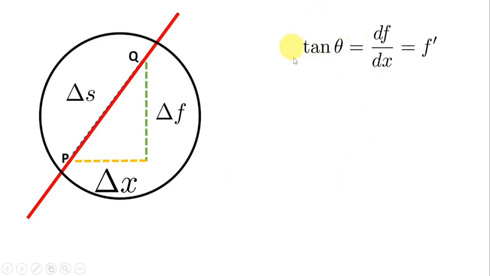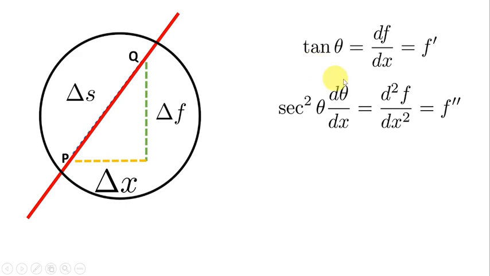So we end up with the equation tan theta is equal to df by dx, which is very often written as f prime. Whenever you see a prime like this, it automatically implies that the denominator is the variable which will also be given in the definition.